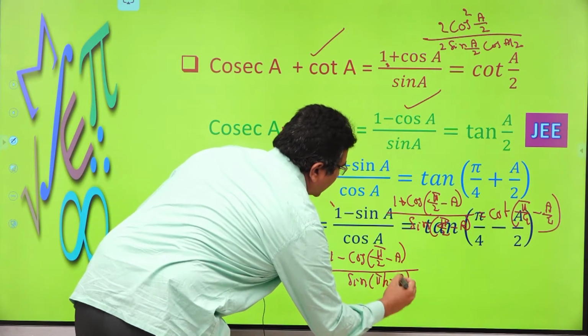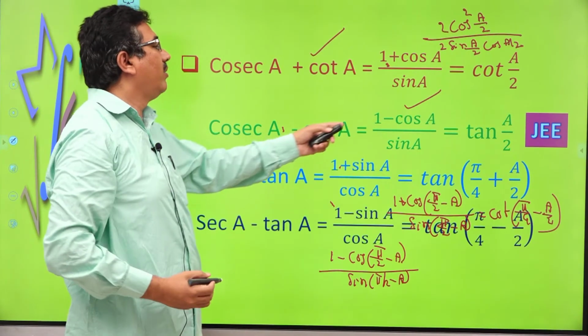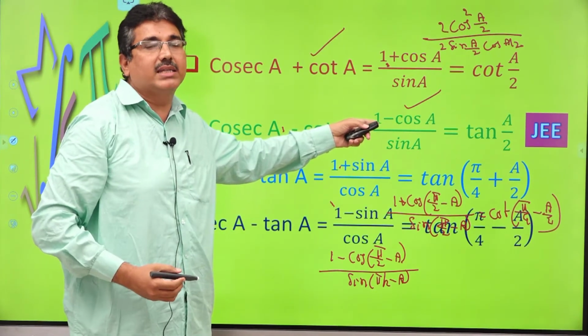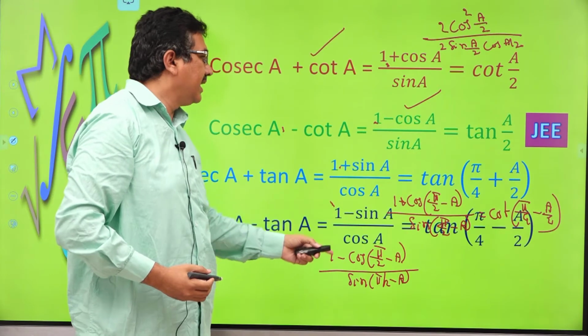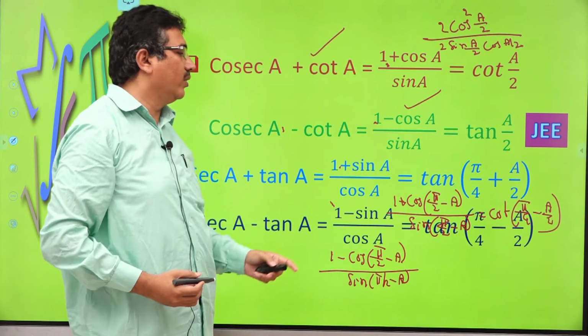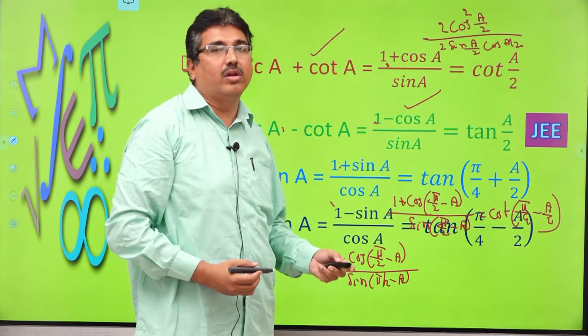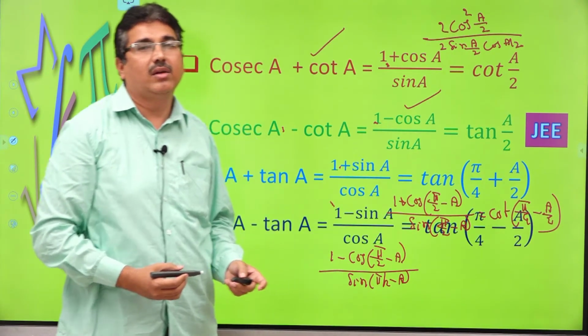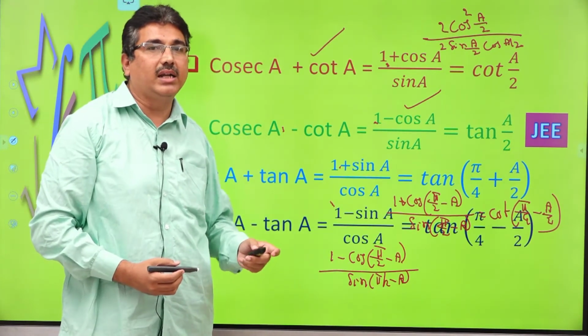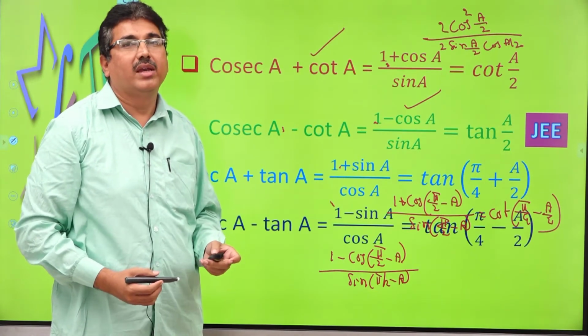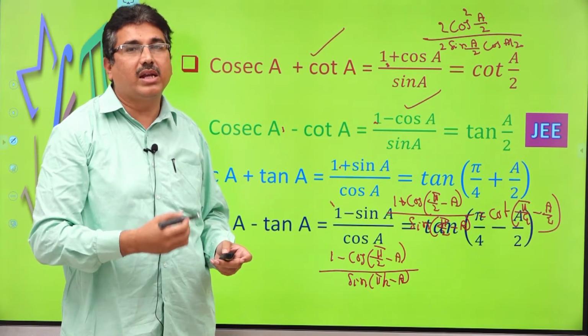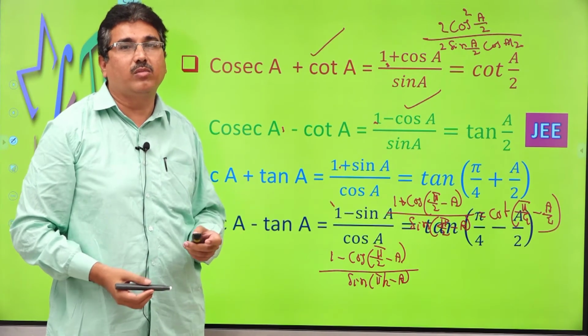Now this is of the form (1 minus cos a) by sin a. That is equal to tan a by 2. That is equal to tan of pi by 4 minus a by 2. Very, very important results.